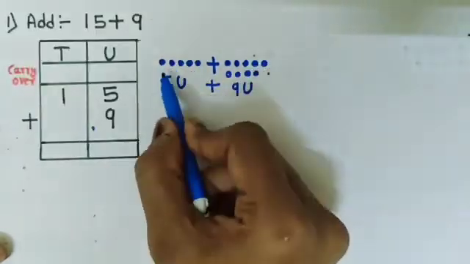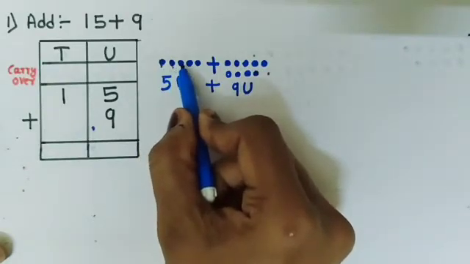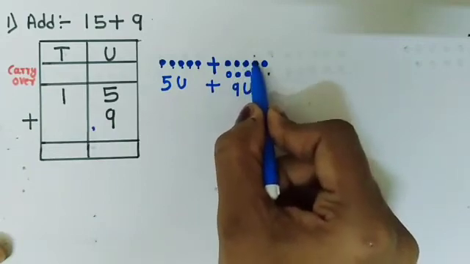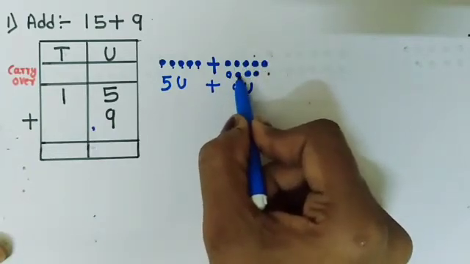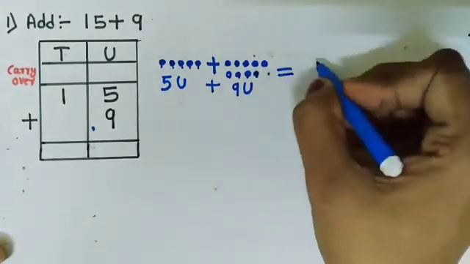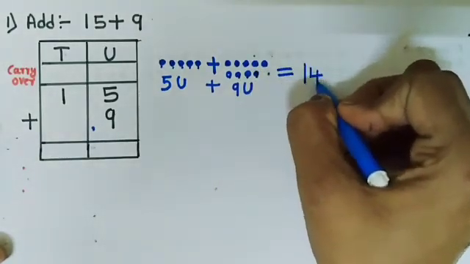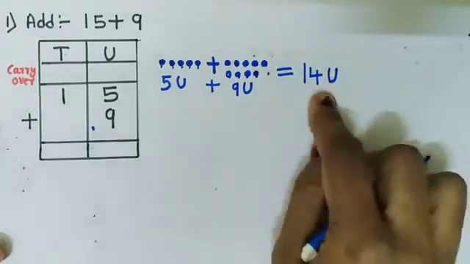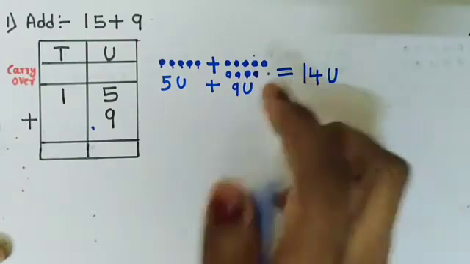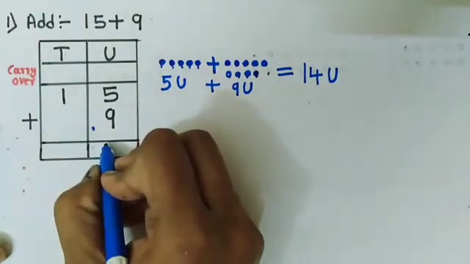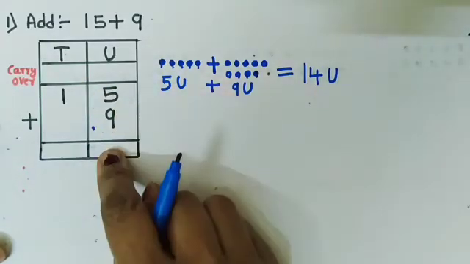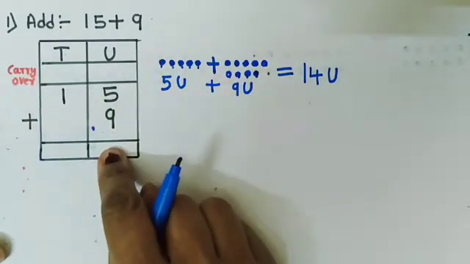Let us count together. 1, 2, 3, 4, 5, 6, 7, 8, 9, 10, 11, 12, 13, 14. Means this is equal to 14 units. So children, shall I write 14 here in the unit place? No, because we can't write a 2-digit number in the unit place.